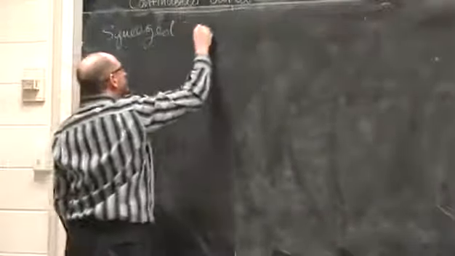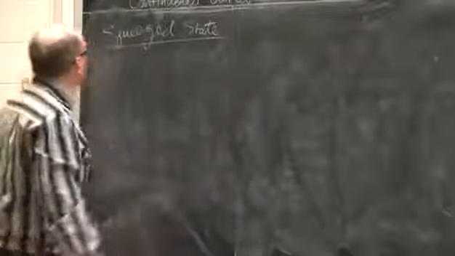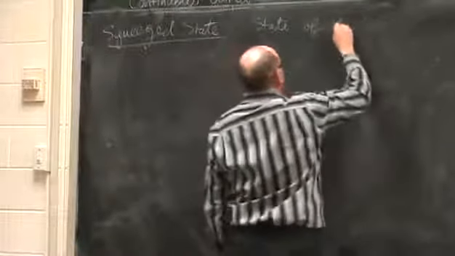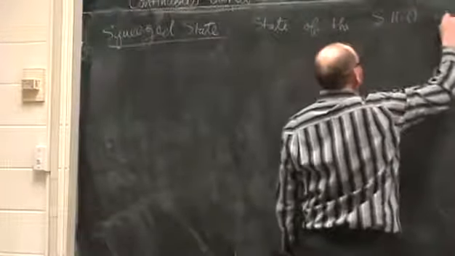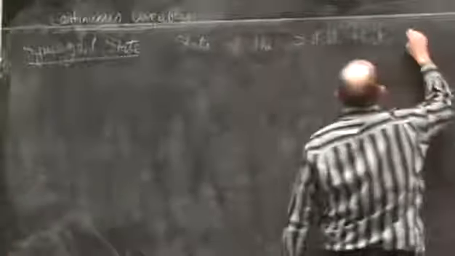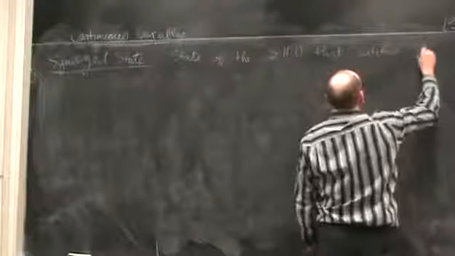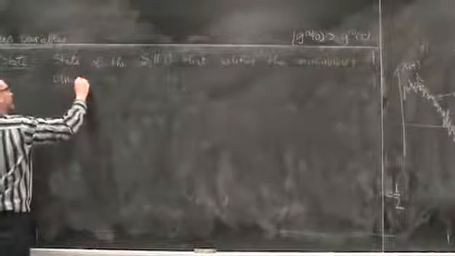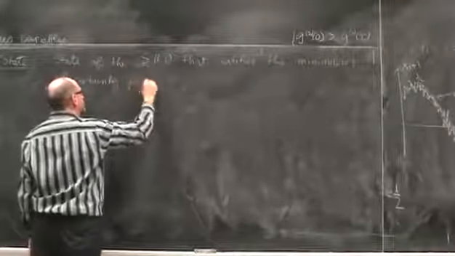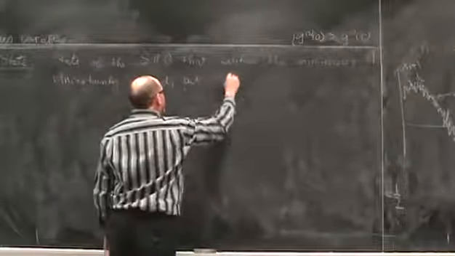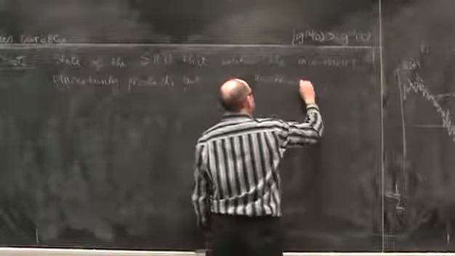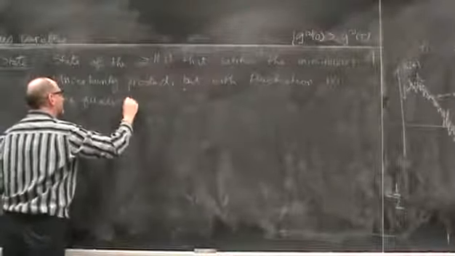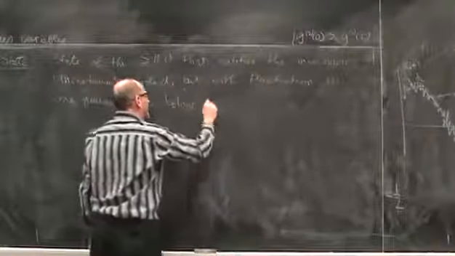So what's a squeezed state? The squeezed state of a simple harmonic oscillator is a state that satisfies the minimum uncertainty product, but with fluctuations in one quadrature below the vacuum level.